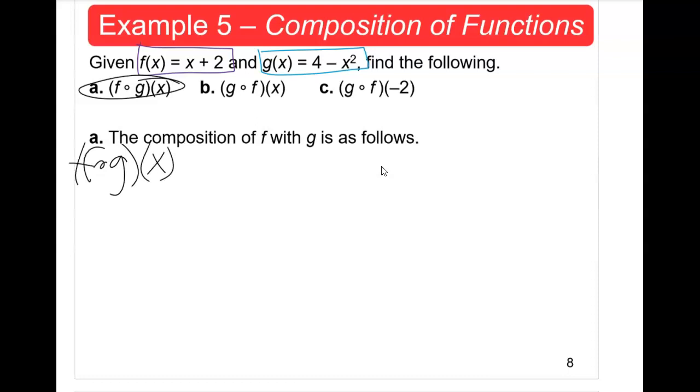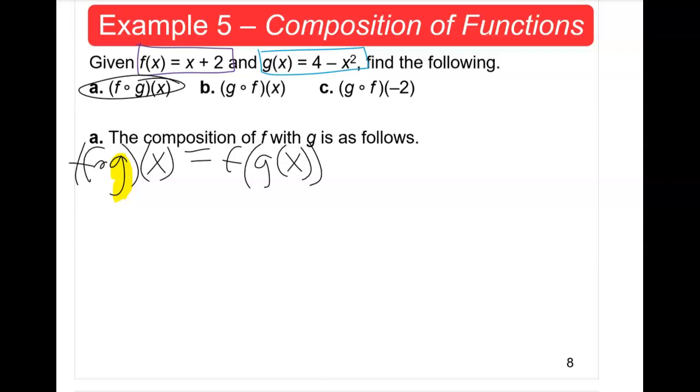And f of g of x, which is the same as f of, the second function that we have here is the one that will be inside the other function, function g. And then, of course, we have function f, the variable x here.